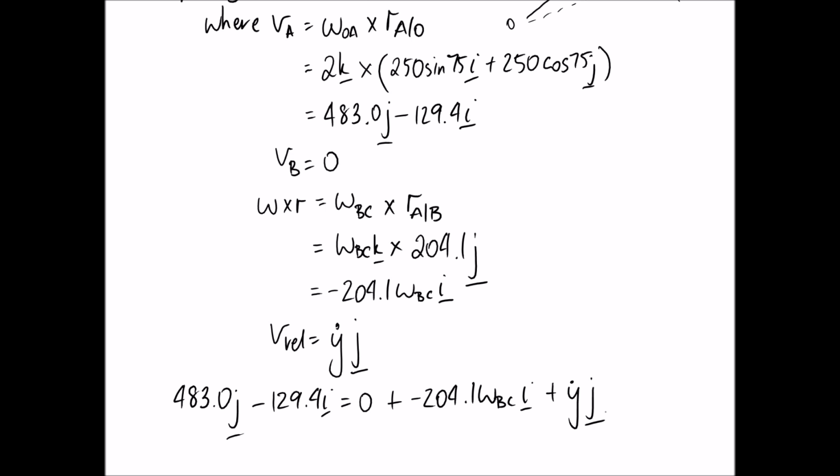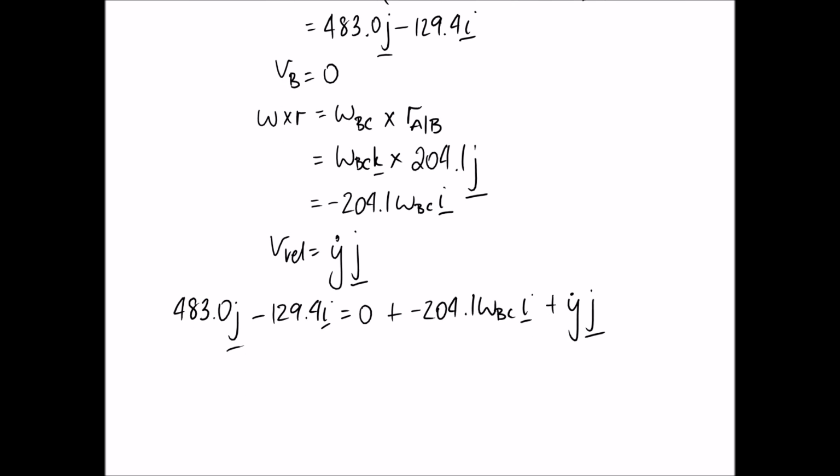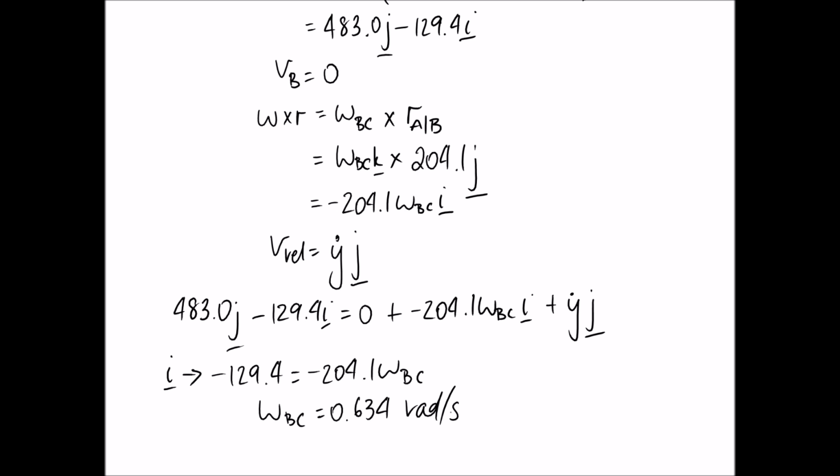We have two unknowns, omega BC and y dot. So it's just going to be using the I and j parts to answer the question. So for I, we end up with this. So omega is 0.634. The units are going to be radians per second, and it's come out as a positive value, which means it's going to be rotating anti-clockwise.